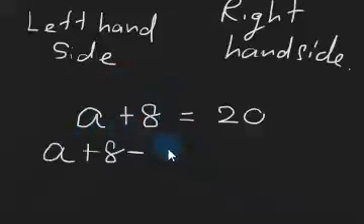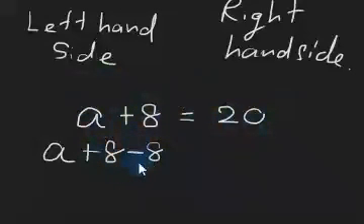But this is an equation. That means left hand side equal right hand side. If you deduct 8 from this side, this relationship becomes invalid. These two sides are not equal if you deduct 8 from one side.